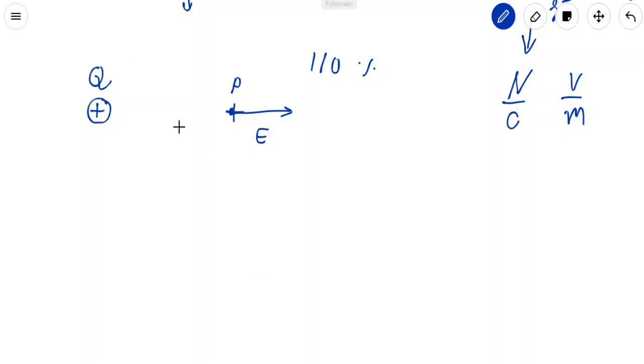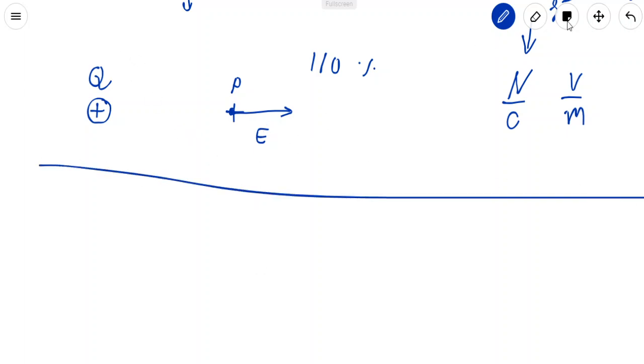The second thing is the electric field is a vector quantity, just like force, because it is a force on unit positive charge. Because this is a vector quantity, we have to understand the direction and the nature of the calculation.